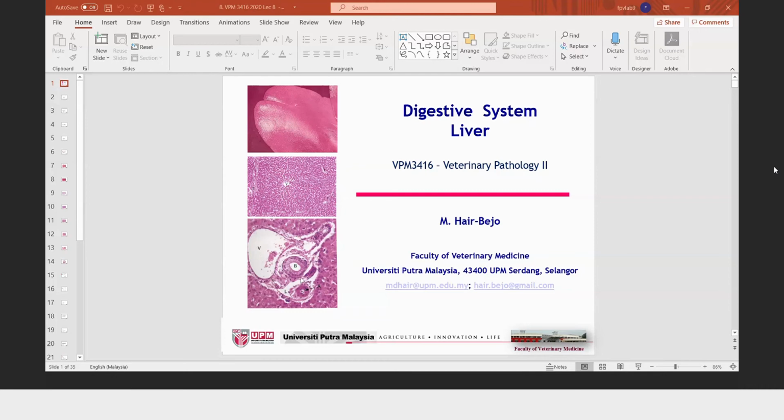So when you talk about the liver, a very important point is that the cell in the liver is the hepatocyte. Hepatocyte is the most important cell in the liver. When you talk about the intestine, the enterocyte is the most important cell. When you talk about the stomach, you have the mucus secreting cell and the parietal cell, which are important cells in the stomach.